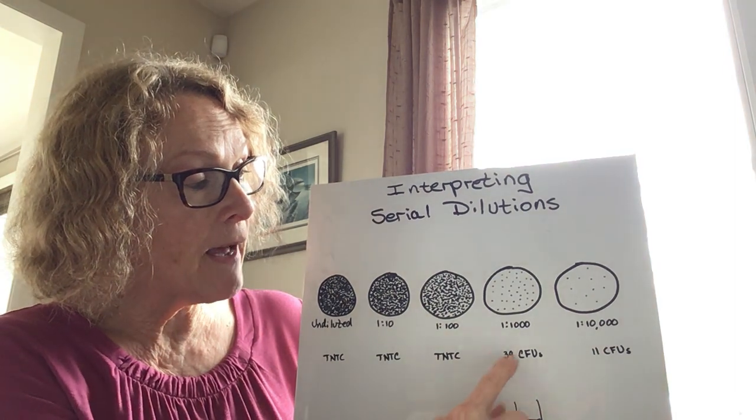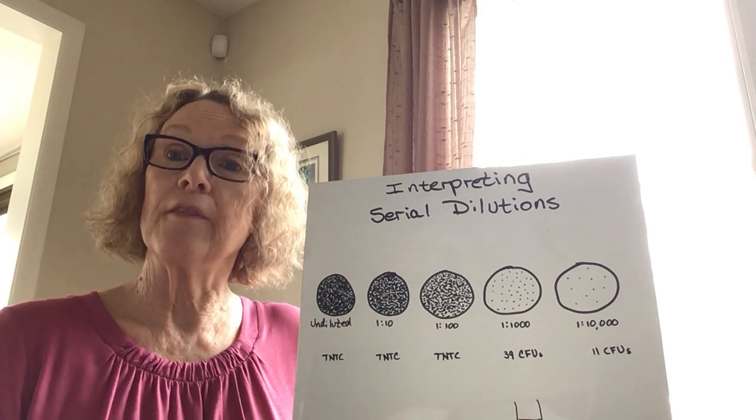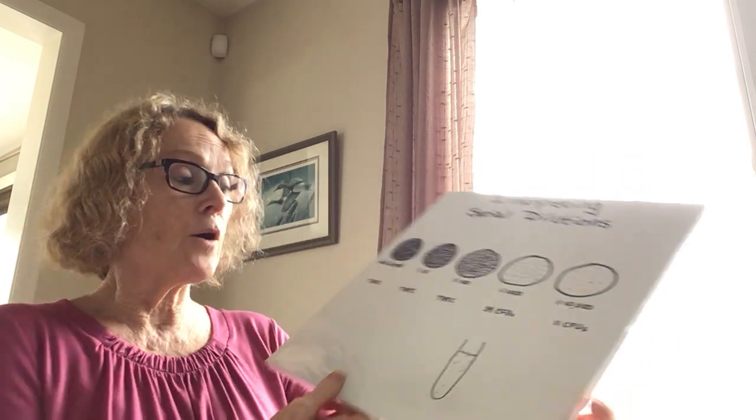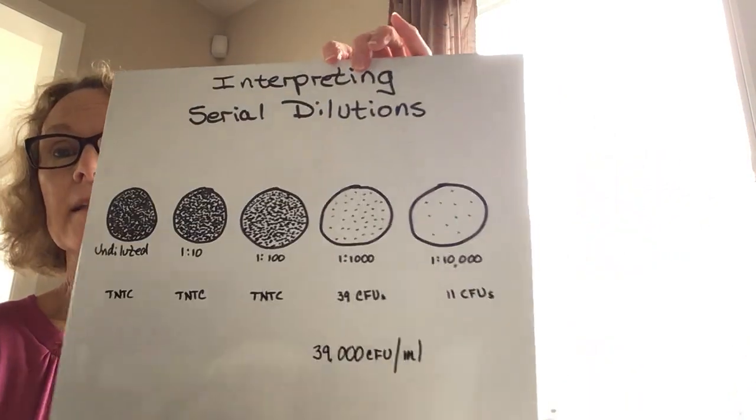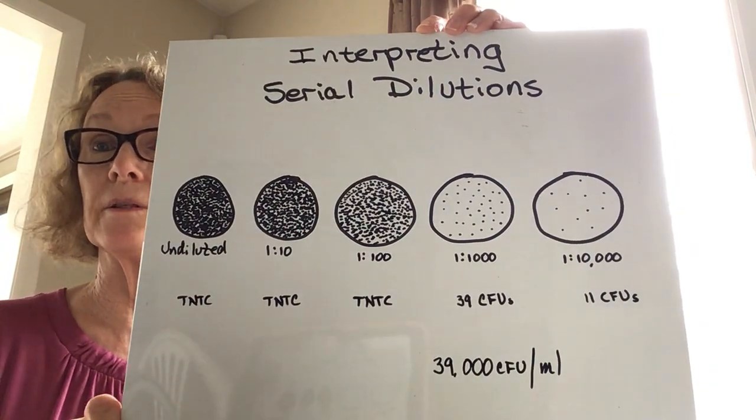So 39 times 1,000, or 39,000. So our result for this particular serial dilution would be that there are 39,000 CFU per milliliter. And that is what we would report from this particular serial dilution.